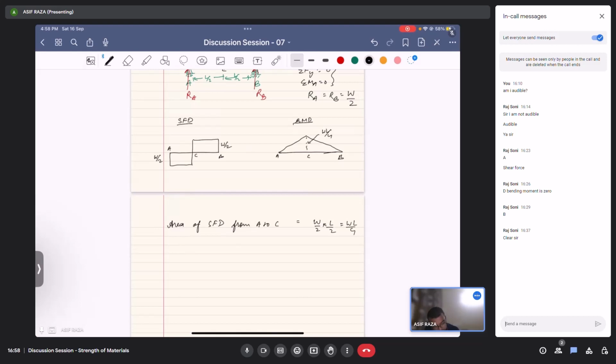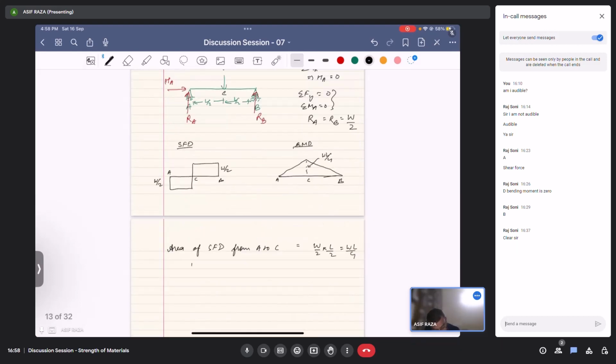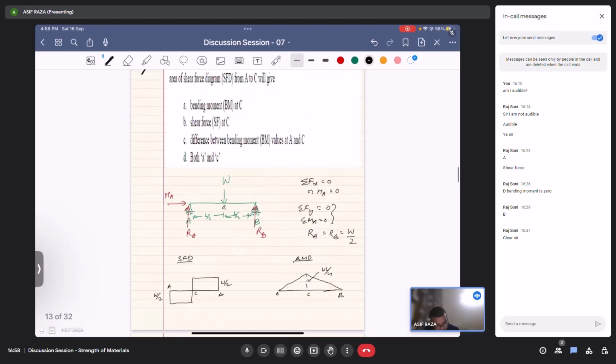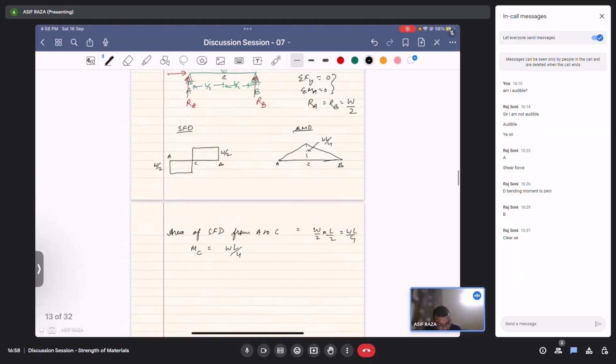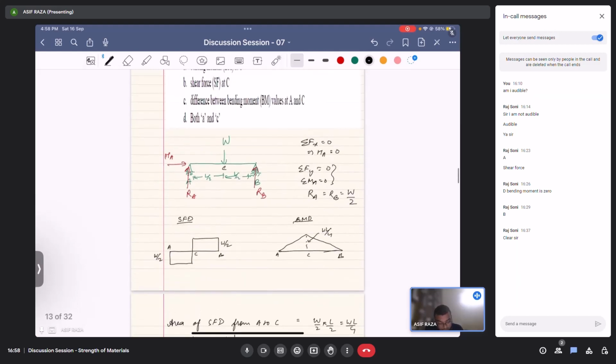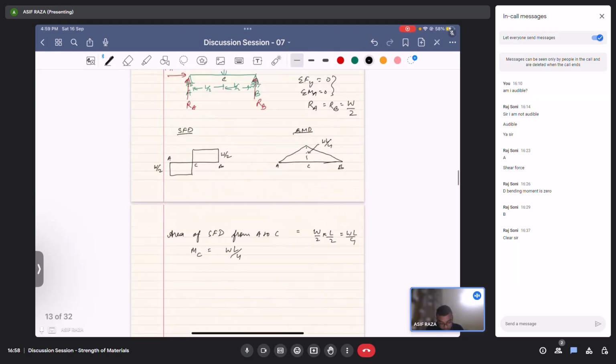And bending moment at C is WL by 4. So the area of shear force diagram is equal to the bending moment value at C, so that is correct in this aspect.